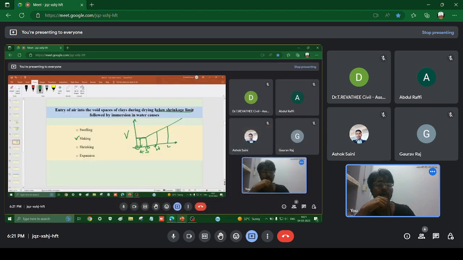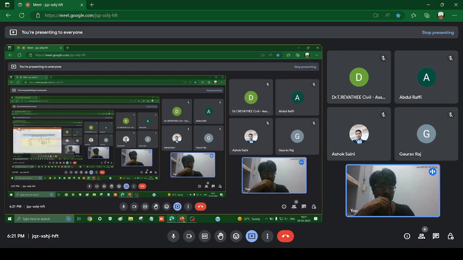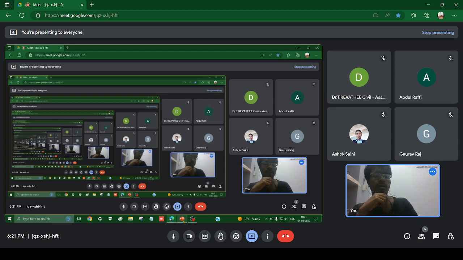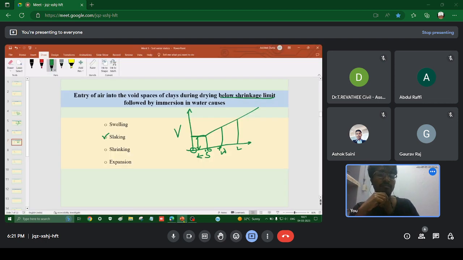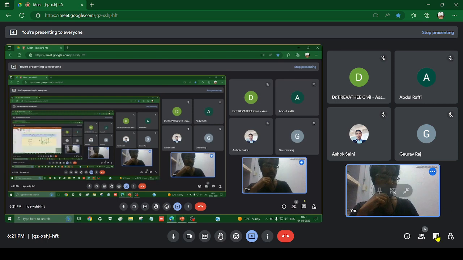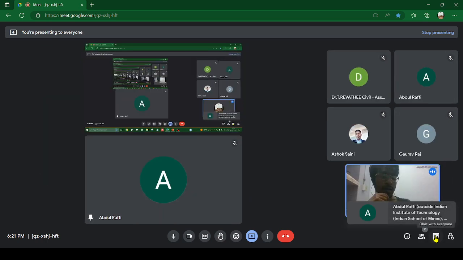You might get your doubts cleared if you refer to some other books, but the book which I have consulted, and another book by Gopal Ranjan and Rao, I have seen in both the books that drying below shrinkage limit is the first step for slaking in clay. Please get your doubts cleared, and if you can, consult any other book.